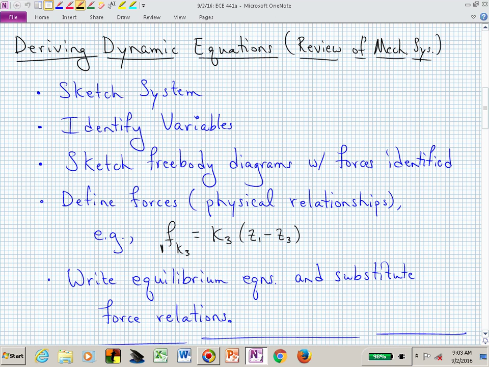And once you have that and the forces identified, you can start developing these relationships between the coefficients and the positions and the velocities. And finally, you can write those equilibrium equations, substituting in those force expressions to derive the equations of motion.